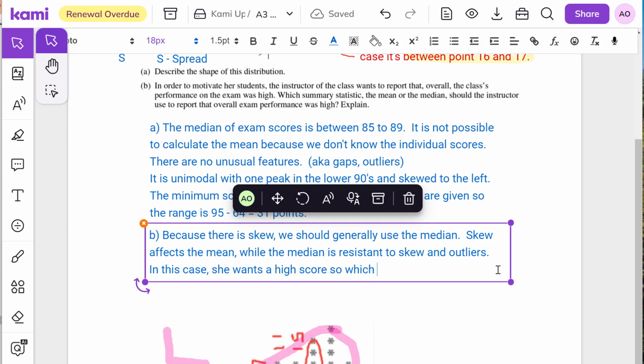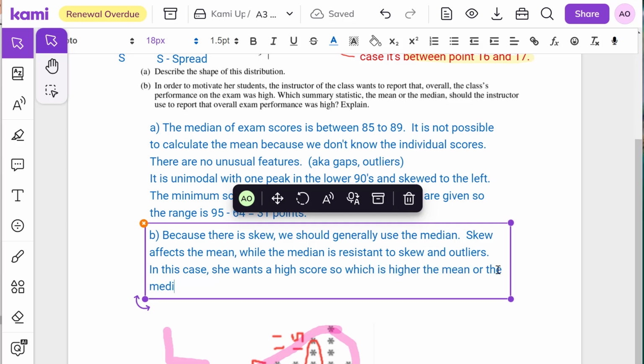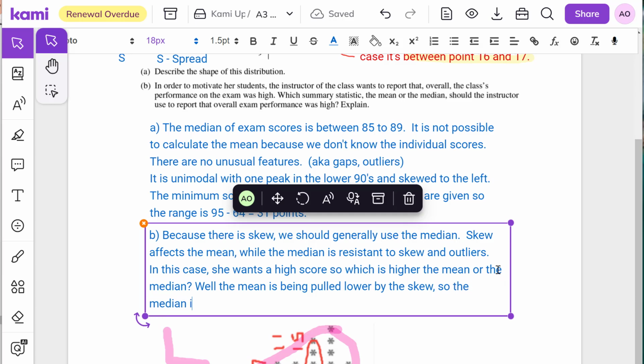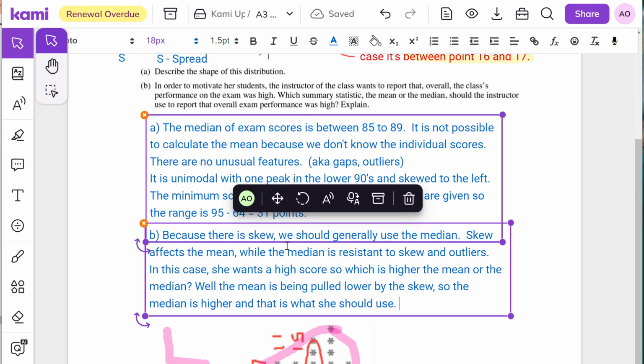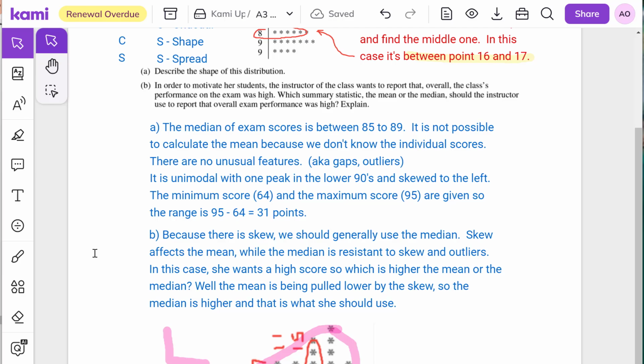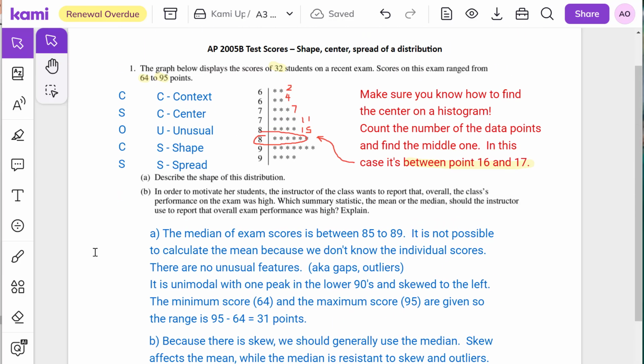So which is higher, the mean or the median? Well, the mean is being pulled lower by the skew. So the median is higher, and that is what she should use. And that answers this question from 2005B.